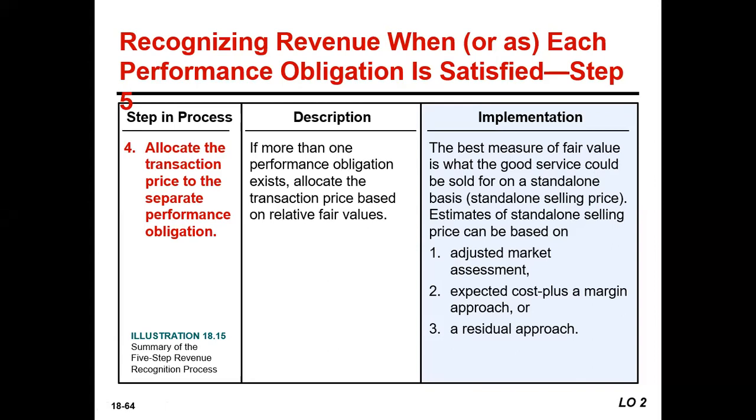The best measure of fair value is what the good or service could be sold for on a standalone basis, or standalone selling price. Estimates of standalone selling price can be based on adjusted market assessment, the expected cost plus a margin approach, or a residual approach.